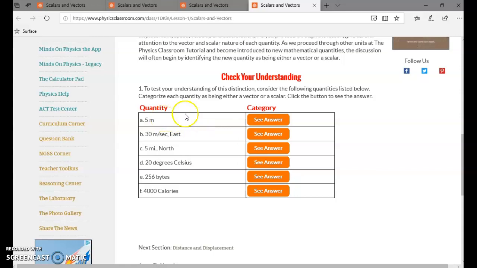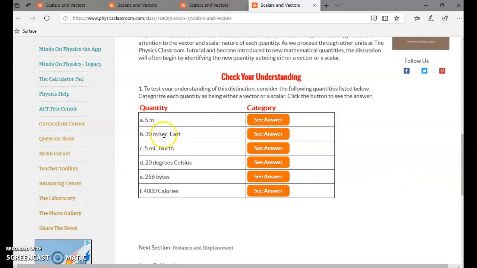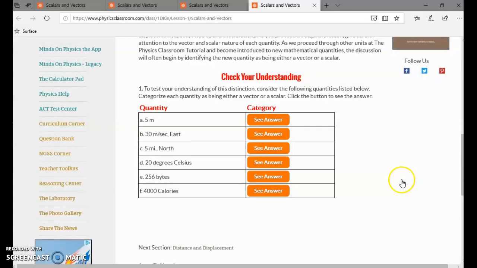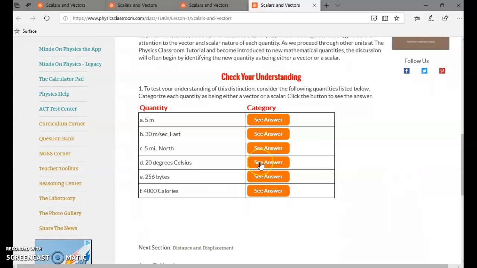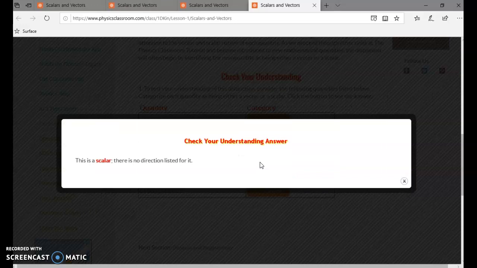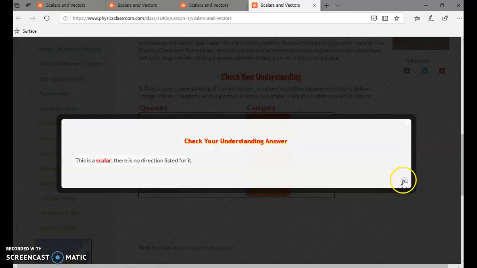So 5 meters, scalar or vector? It's a scalar because there's no direction. 30 meters per second east gives a direction, therefore it's a vector. 5 miles north, again a vector, because it has a direction. 20 degrees Celsius: we're not talking about an angle, so it's a scalar, there's no direction. 256 bytes, obviously no direction, it's a scalar.